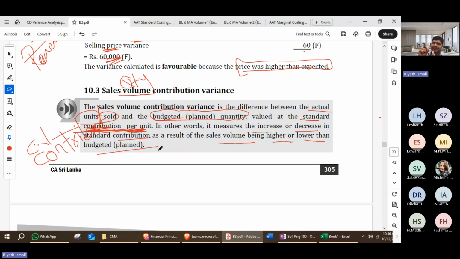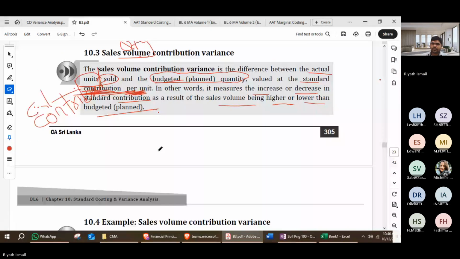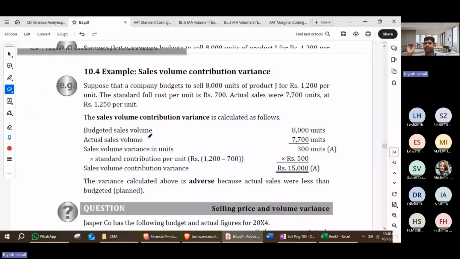But here we test by changing the number of units of sales. How does it impact the contribution? Let's see the sales contribution variance.